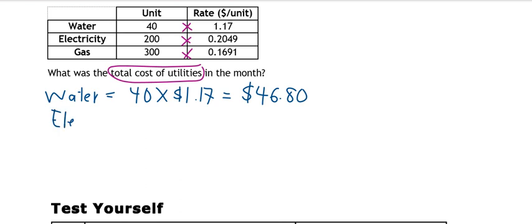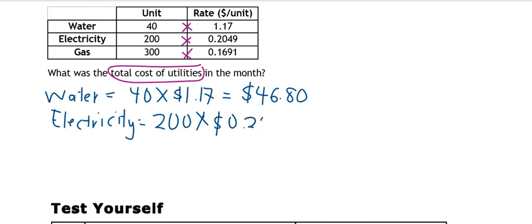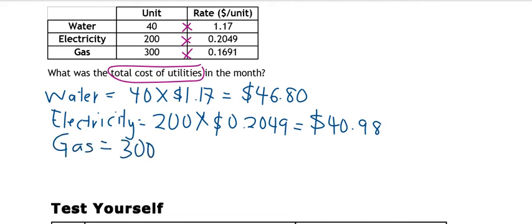For electricity, same thing. You have to multiply the units with the rate per unit. So here, $0.2049, and you will have $40.98. And lastly, for gas, you have to multiply the units with the rate per unit, which is 0.1691.